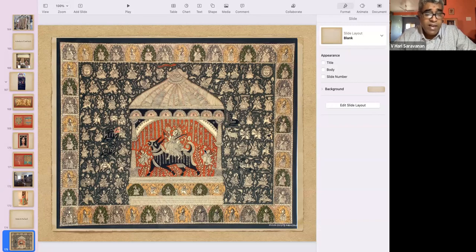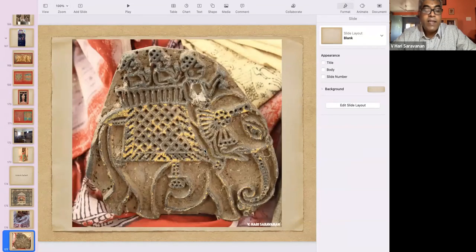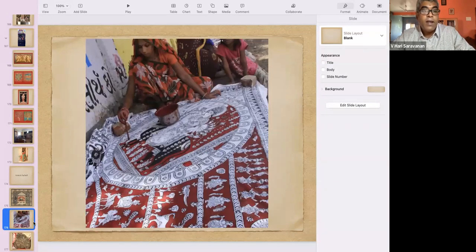And the main theme of these paintings is the depiction of various goddesses, various devis. Among them, the popular devi is Dasama Devi, who rides a camel. And this art form also is a mix between hand painting and block printing.